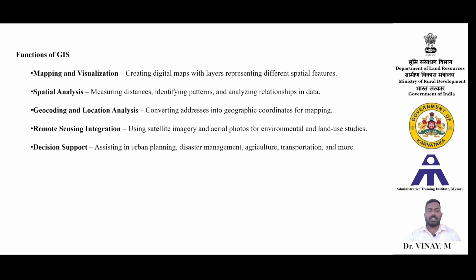The main functions of GIS are mapping and visualization, creating digital maps with layers representing different spatial features; spatial analysis, measuring distances, identifying patterns, and analyzing relationships in data; geocoding and location analysis, converting addresses into geographic coordinates for mapping; remote sensing integration, use of satellite imagery and aerial photographs for environmental and land use studies; and decision support, assisting in urban planning, disaster management, agriculture, transportation, military, anything.